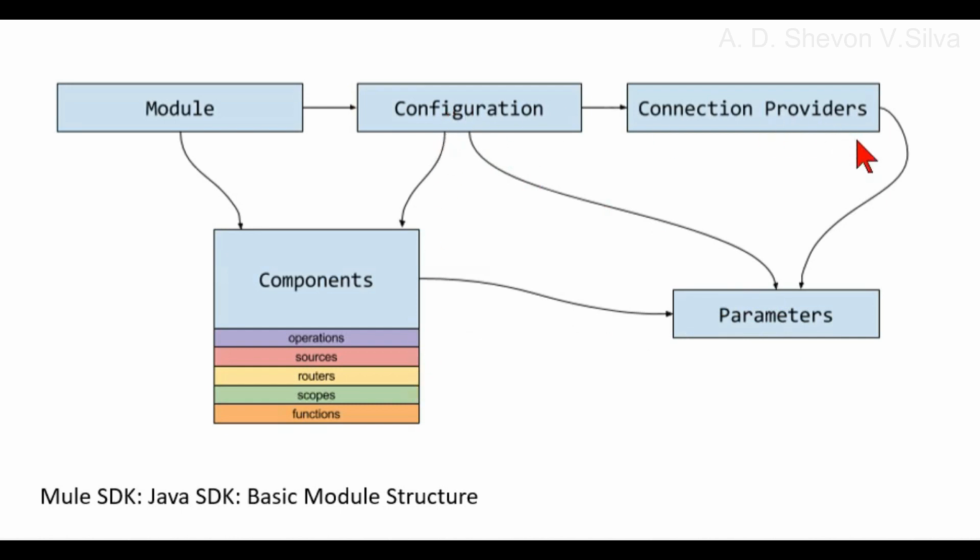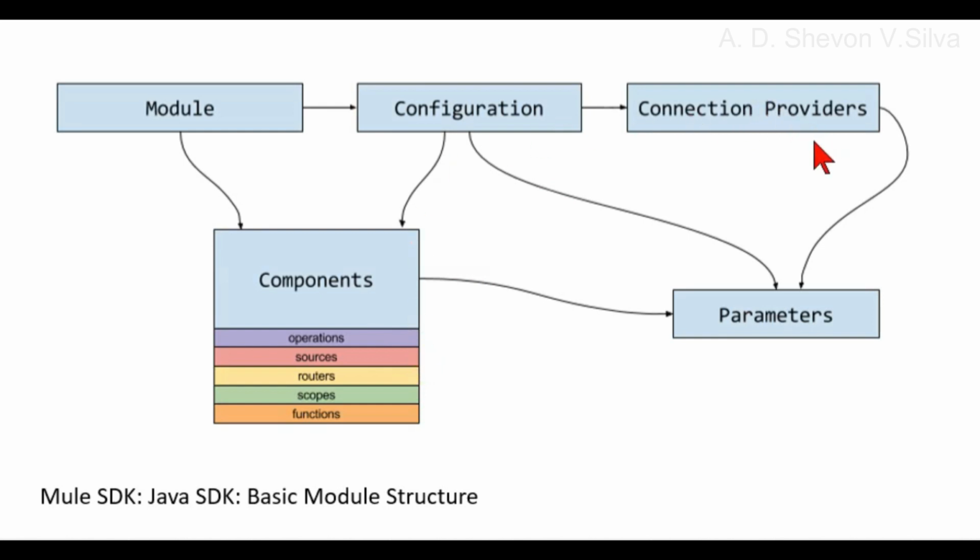Connection providers. A connection provider is a module element in charge of handling connections which are created from the configuration. They centralize the logic and parameterization to provision and release connections of some specific type. Like configurations, sources and operations, connection providers typically depend on a connection in order to be executed.